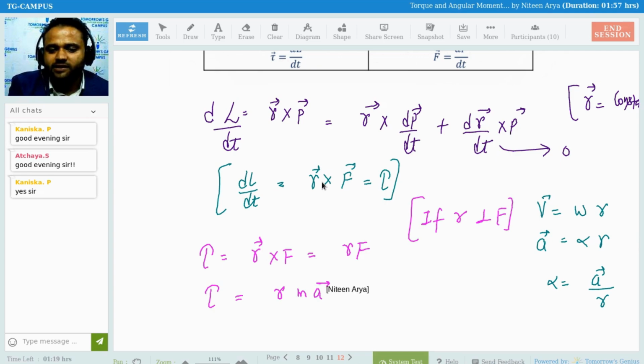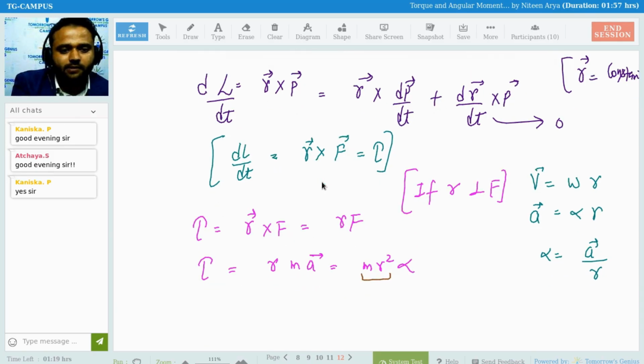Now I put the linear acceleration in the form of alpha, so I can write m r square alpha. Is this clear? So this m r square takes place as the moment of inertia, like a mass in this scenario.